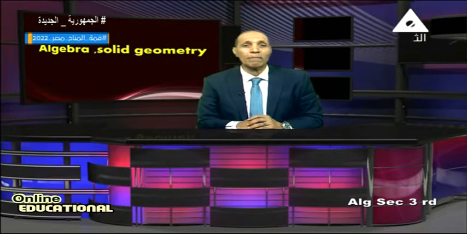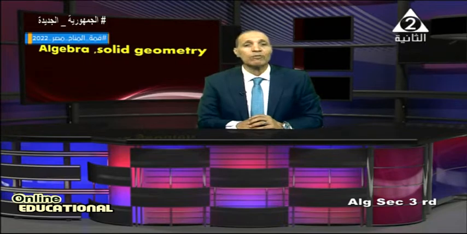Don't forget, my dear student, the equation of a sphere is a very important lesson. How to determine the center of the sphere, and how to determine the radius by using the rule square root of L squared plus K squared plus N squared minus D. Also, when two spheres touch externally, the rule is MN equals R1 plus R2.